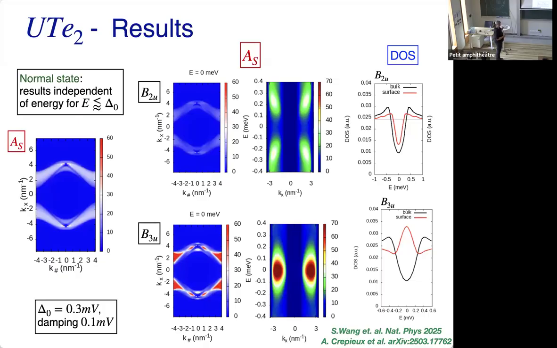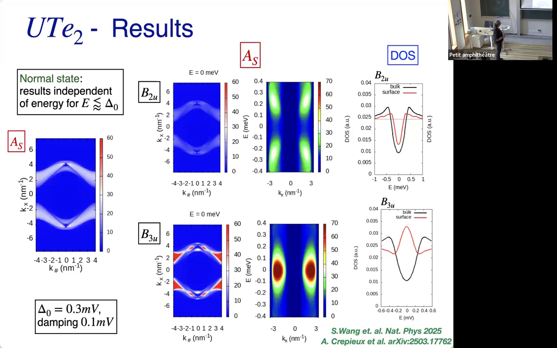So you can either fix your energy and plot the spectral function of the two momenta, or you can fix one momentum and then plot along a different direction of the momentum as a function of energy. So you can either do this 2D plot, or you can just go along one line, one cut, and then plot as a function of energy and momentum along this direction, for example.